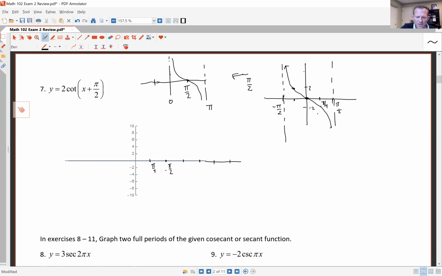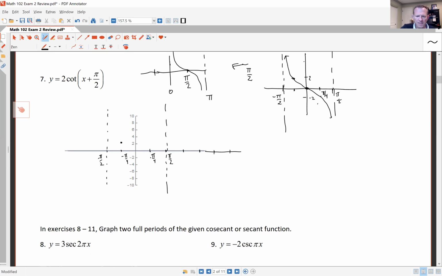So pi over 2 is our vertical asymptote. And then we'll put our first cycle of cotangent in there. So we know that this side's going to get us up to 2, and this side's going to get us down to -2. And now we'll put one more period over to the right of that.